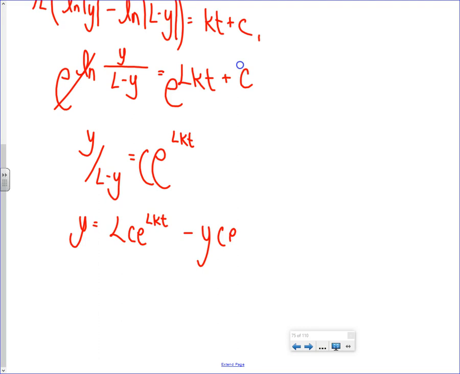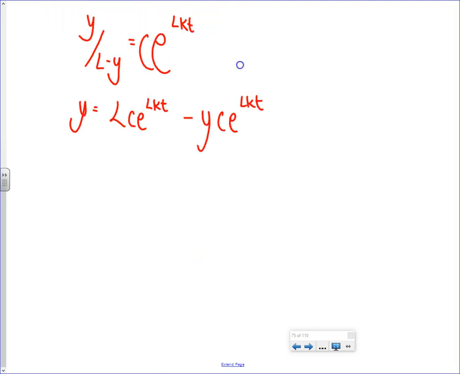I have to do that because I have to get the y's on one side. So I can get y plus, well, I can pull out a y once I move it, right? So y times 1 plus C e to the L k t equals L C e to the L k t.